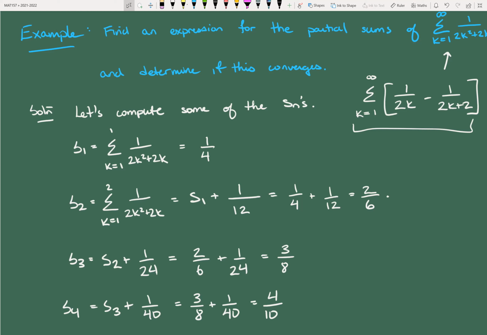Otherwise, on Thursday, I'm going to start proving for you the tests: p-test, basic comparison, and limit comparison. If you really want practice, try to state and prove those theorems yourself. They are exactly the same statements as for improper integrals, but you just convert them to sequences, and the proofs are the same as well.